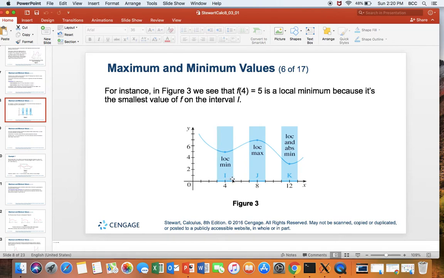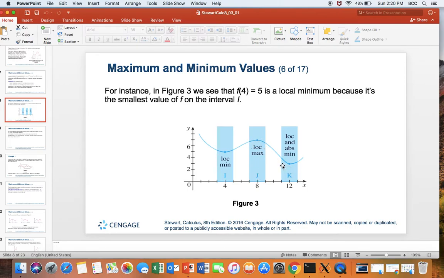In a neighborhood of 4, or near 4, this is a minimum. Likewise, here we have some kind of maximum. It's not the absolute maximum because that is even higher. Here though, this is a local maximum, and that's near 8.